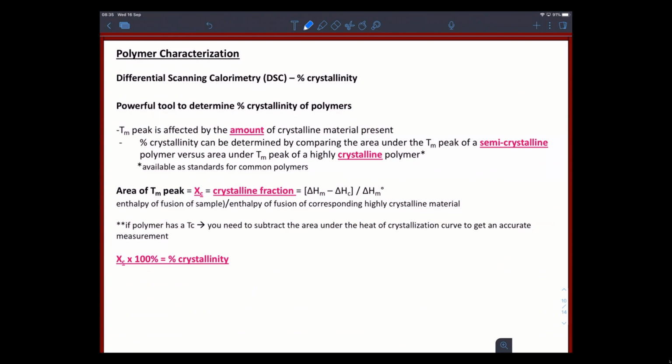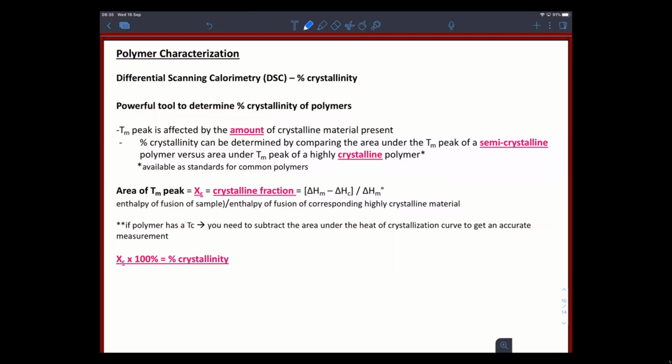This should be well understood by now by everyone. If there are crystalline regions, then it will exhibit a TM. The percentage crystallinity can be determined by comparing the area under the TM peak of a semi-crystalline polymer versus the area under a TM peak of a highly crystalline polymer.